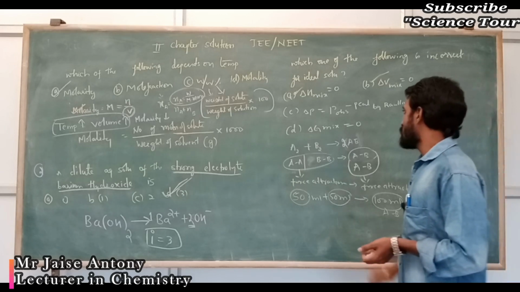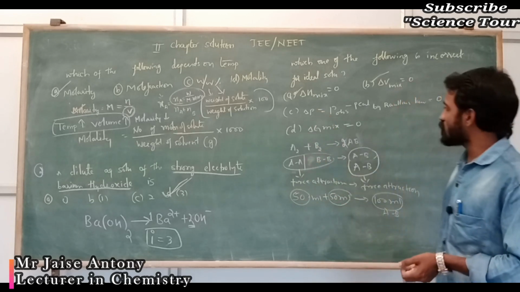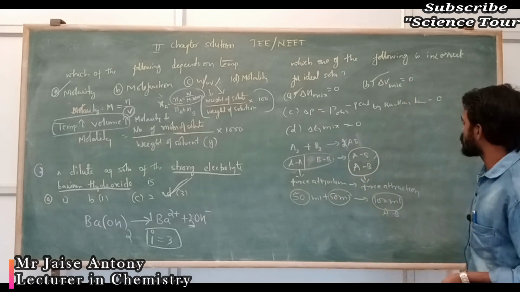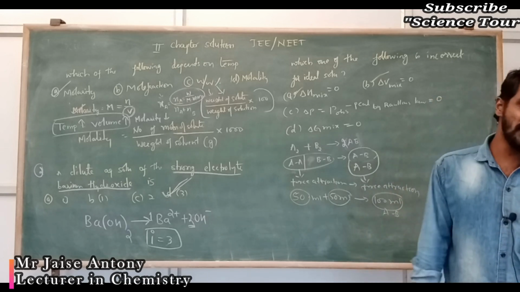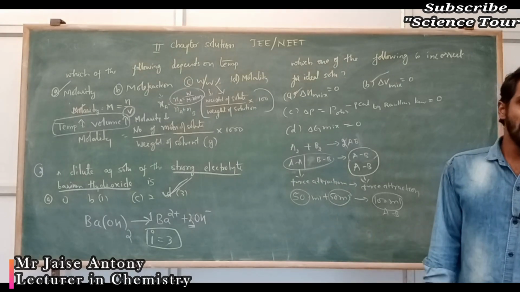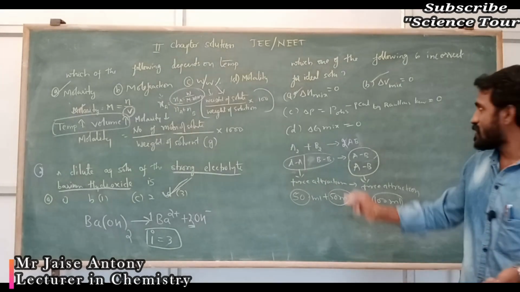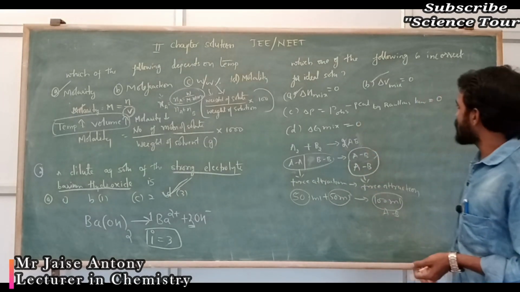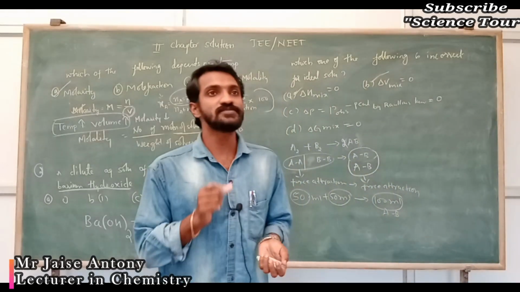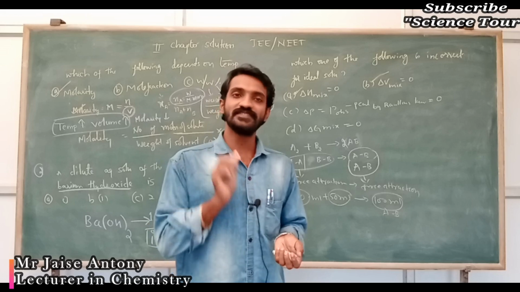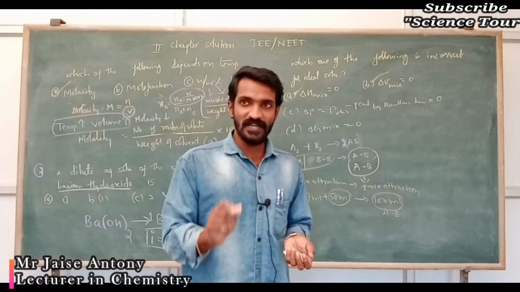And here they have given delta P, change in pressure, equal to P observed minus P calculated by Raoult's law, is equal to 0. They simply gave this delta P equal to 0 for confusing. You are reading the entire thing and you will get confused. You should understand the concept.